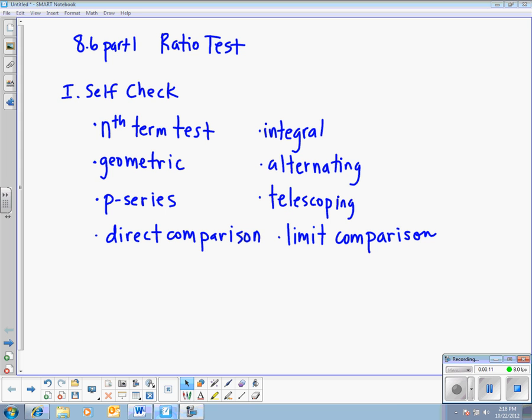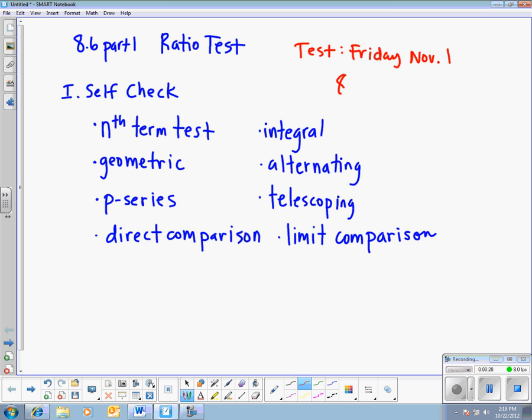Just looking ahead, we should be testing Friday, November the 1st, I believe it is, on 8-1 through 8-6.